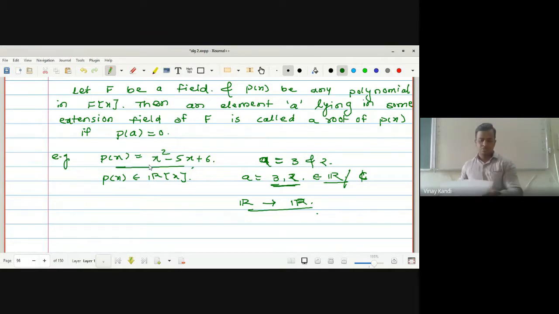Okay, wait a minute. Now the definition of multiple roots.